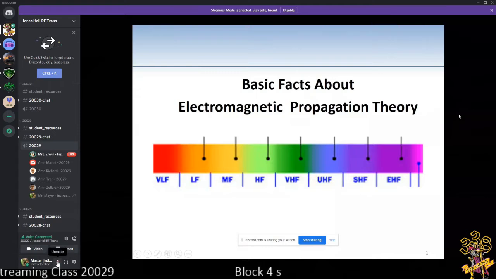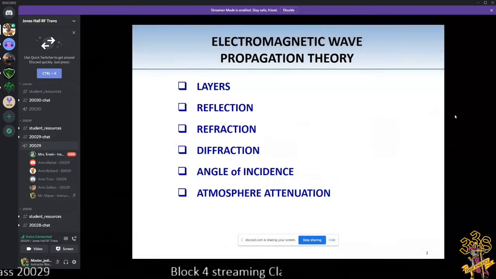All right. Today we're going to talk about basic facts about electromagnetic propagation theory. We're going to look at layers of the atmosphere, and more specifically, layers within the ionosphere. We have some definitions: reflection, refraction, diffraction, angle of incidence.